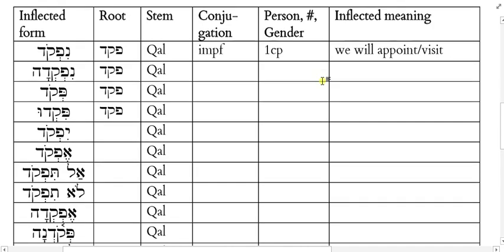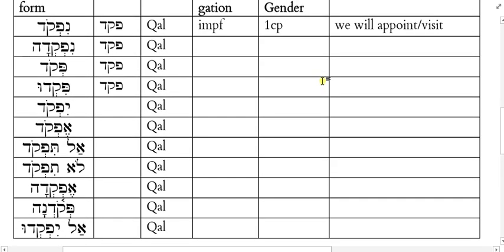Okay, so the sixth one, is it the sixth one from the top? Yeah, very top? So 1, 2, 3, 4, 5, 6. Yes, F code. And my question was, in the book, Ross said that sometimes the cohortative can be without the "a" on the end. So could that be both the imperfect and the cohortative?